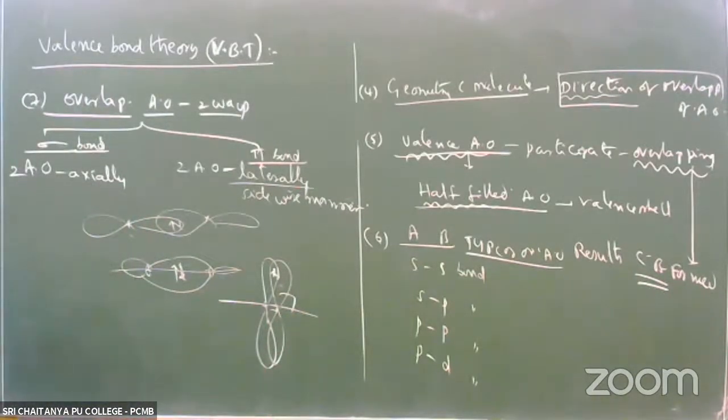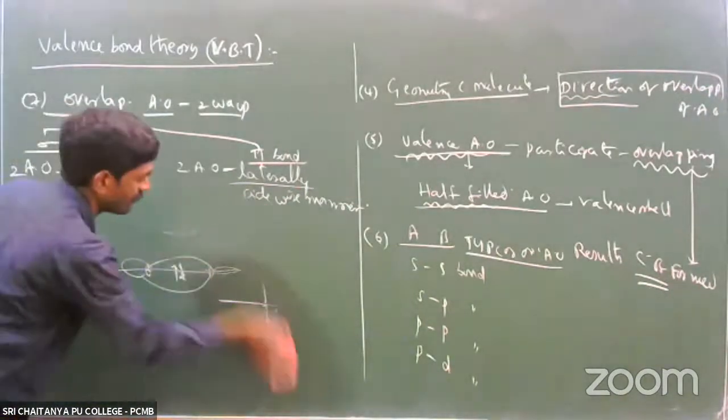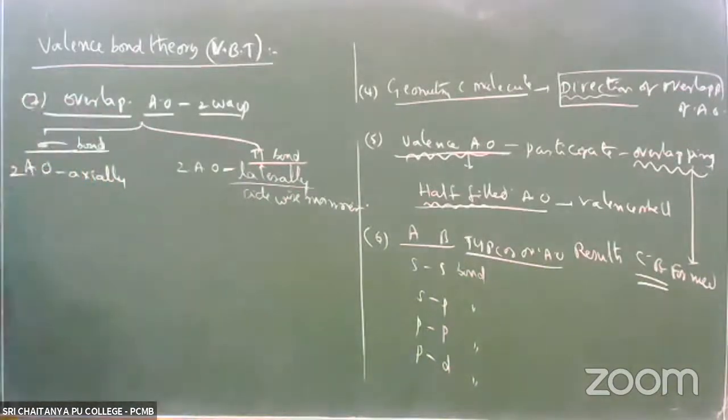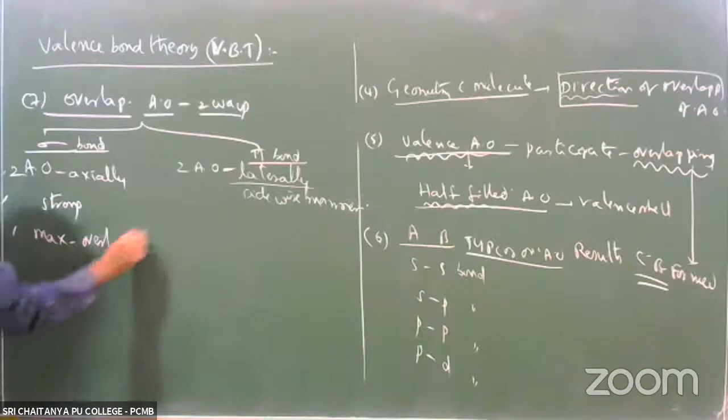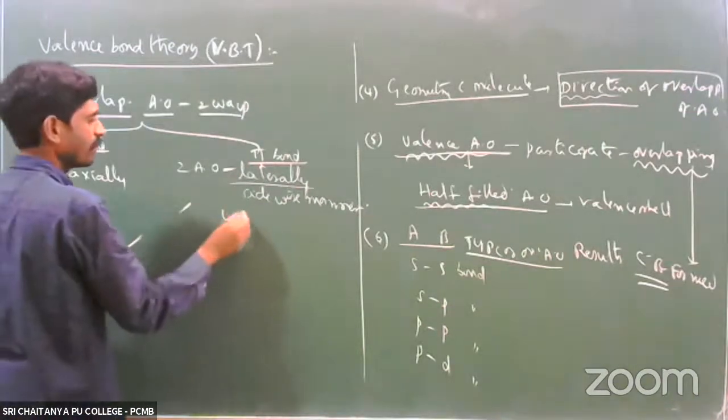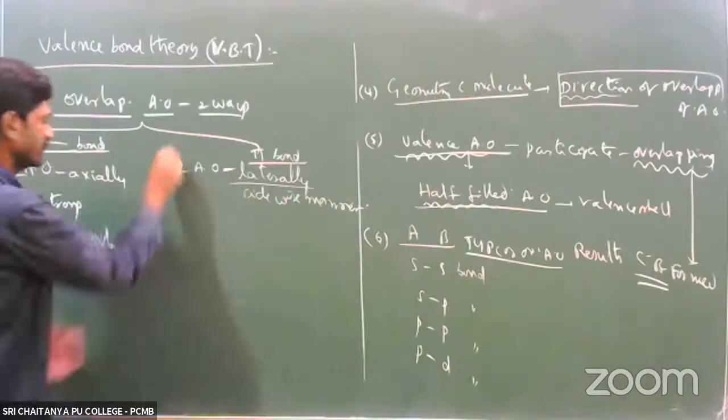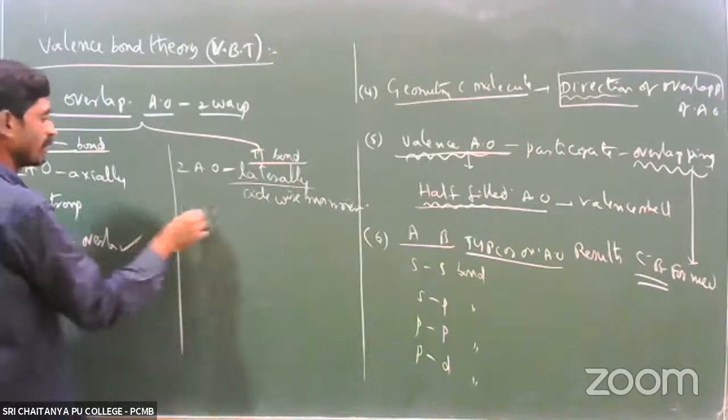So these are the main points you have to keep in mind, right? The sigma bond is a strong bond. Why? Because here maximum overlapping is possible. And the pi bond is a weak bond. Why?